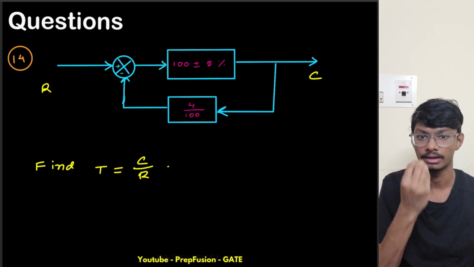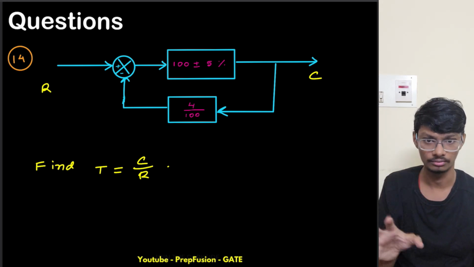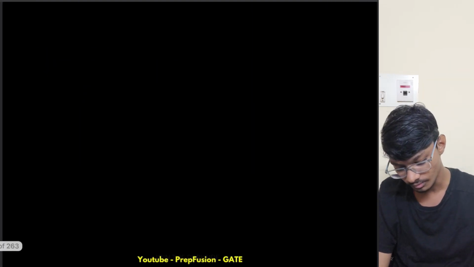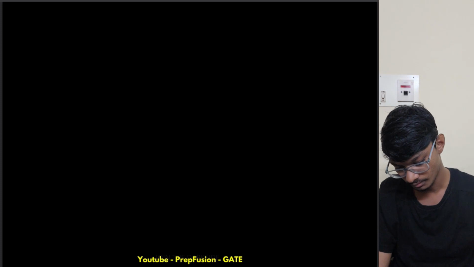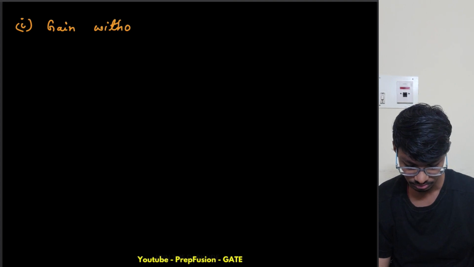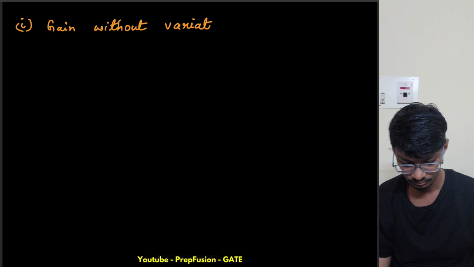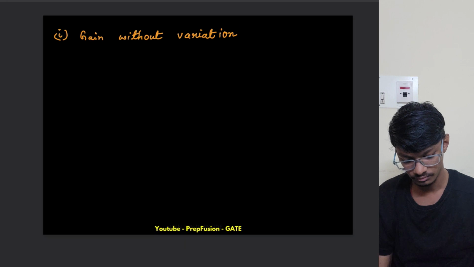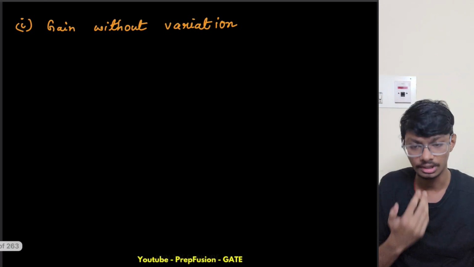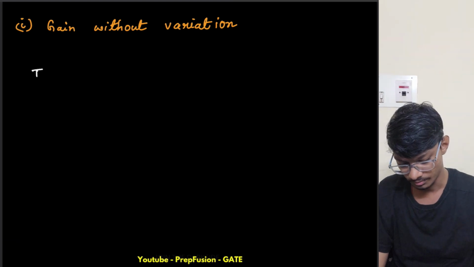What I am trying to explain, I will just solve the question, then you will be able to understand. So first we'll find the gain without variation. If you find the gain without variation, then what will the transfer function be?